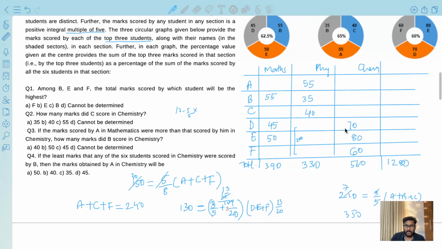So this will be 7 plus 115 plus this is 85, 90 plus this number, and this will be 30 plus this number.